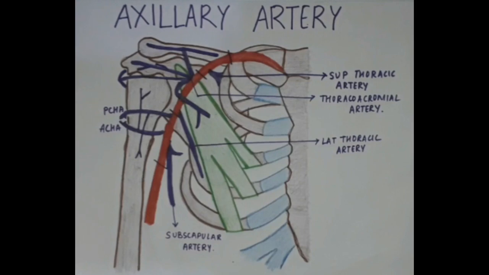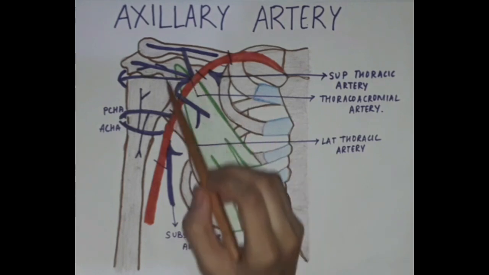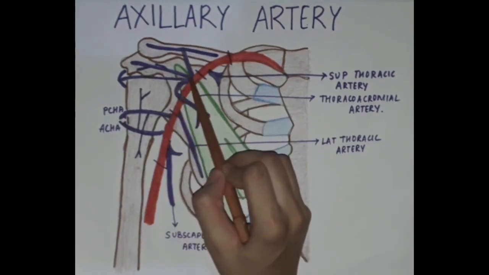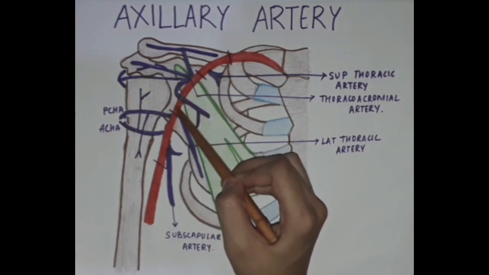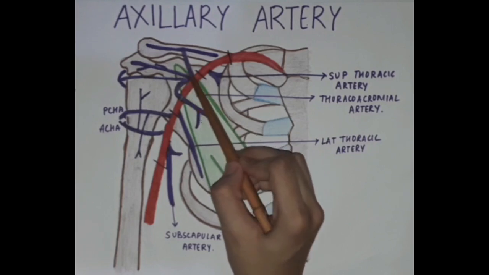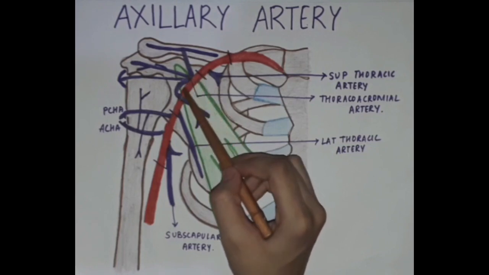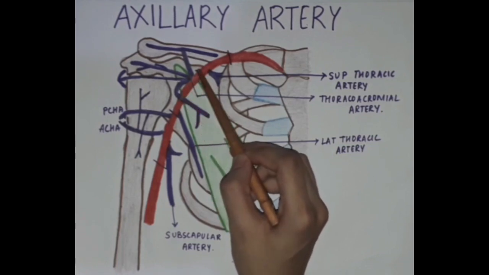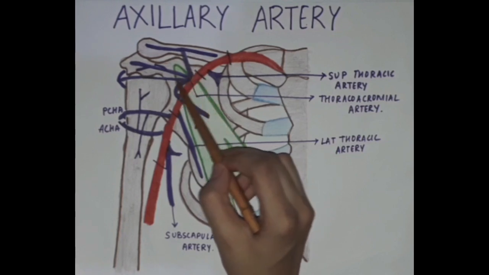The second branch is the thoracoacromial artery, which is also called the acromiothoracic artery. The thoracoacromial artery is a branch from the second part of the axillary artery. It emerges from the upper border of the pectoralis minor muscle, pierces the clavipectoral fascia, and soon divides into 4 terminal branches.